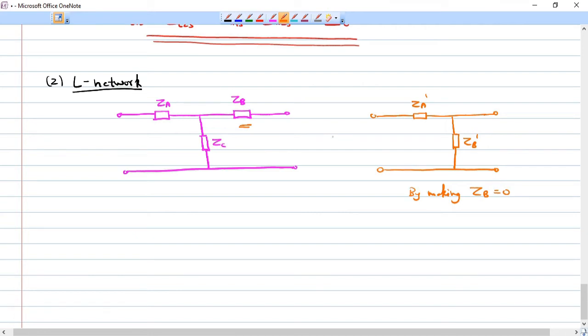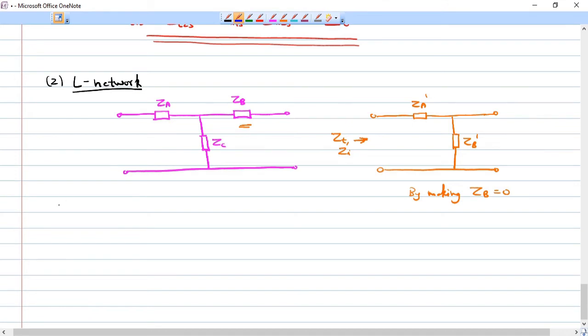So what is the iterative impedance ZT and the image impedance ZI for this particular L network? This is an asymmetrical network basically, so we can define the iterative impedance ZT and ZI for this L network also. How to proceed?